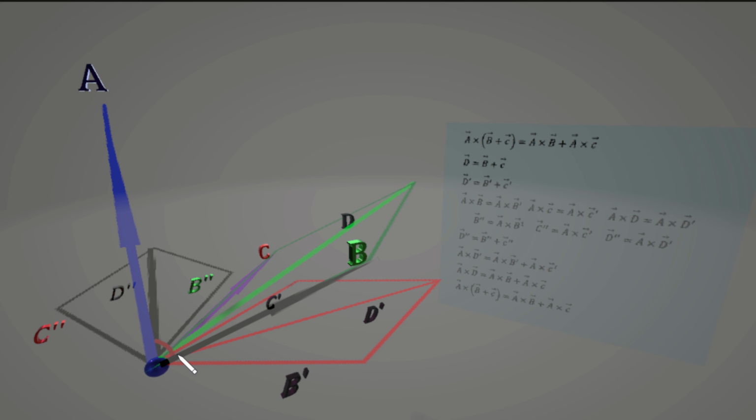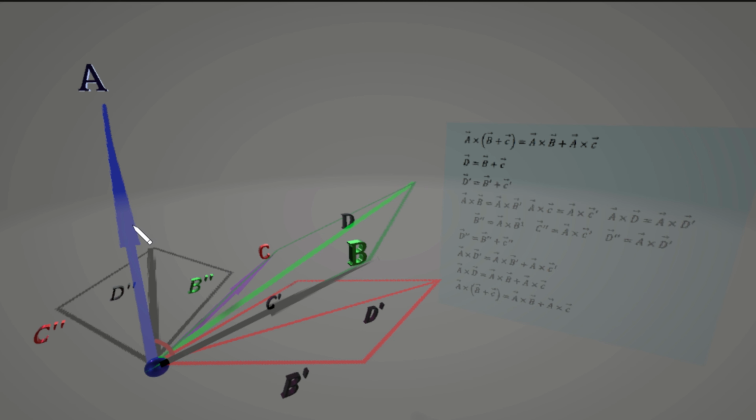Now come to the cross product between A bar and B prime bar. That means A bar cross B prime bar gives a new vector B double prime bar, and this B double prime bar is perpendicular to B prime and A, and it follows the right hand thumb rule, and it is represented by this black color line.